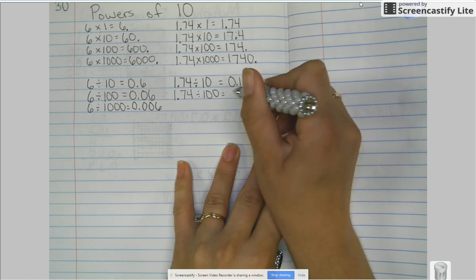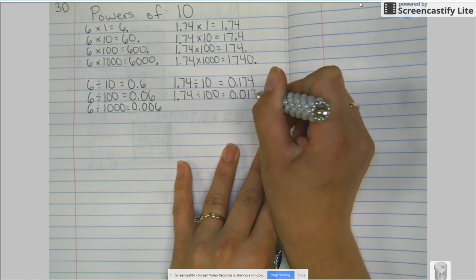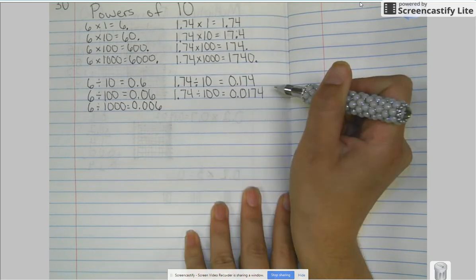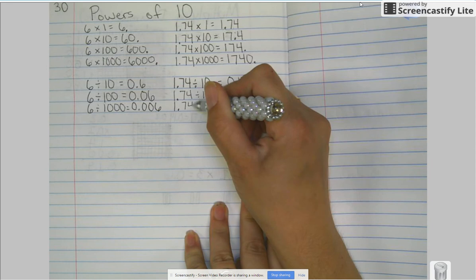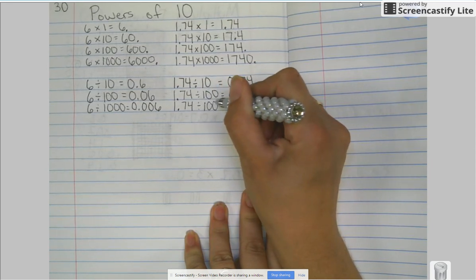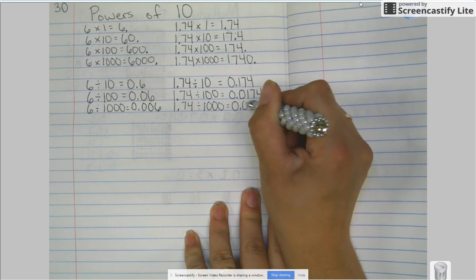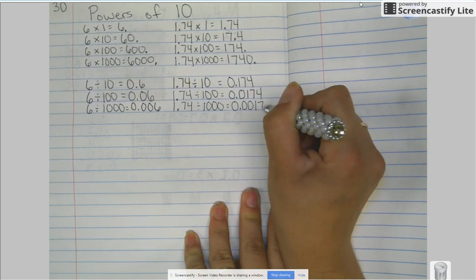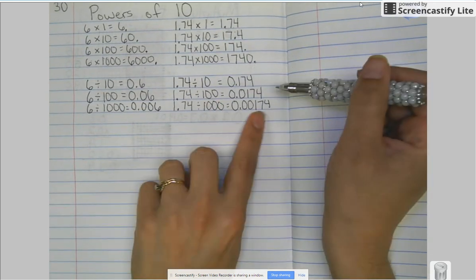So that would be 0.0174. If we do it by 1,000, we shift it back 3 places. So we would have 0.00174.